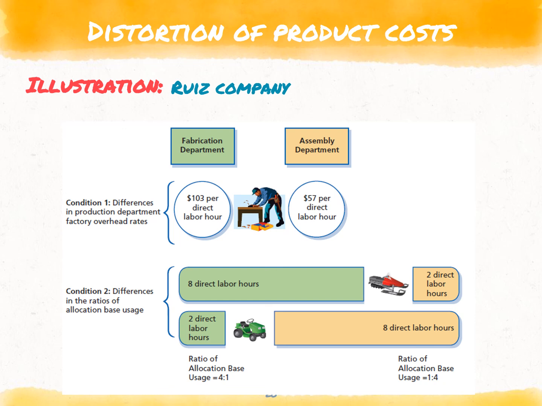The snowmobile consumes 8 direct labor hours in the fabrication department, whereas the riding mower consumes only 2 direct labor hours. Thus, the ratio of allocation-based usage is 4:1 in the fabrication department. In contrast, the ratio of allocation-based usage is 1:4 in the assembly department. Because both conditions exist for Ruiz, the product costs from using the single plant-wide factory overhead rate are distorted.